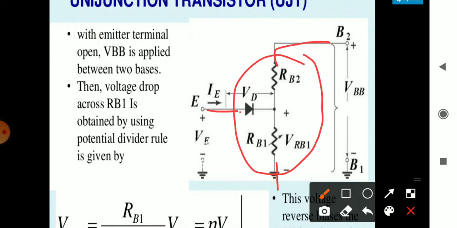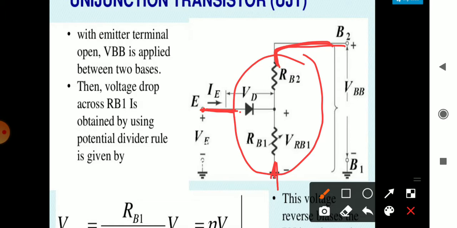The B2 terminal as well as the emitter terminal is always forward biased, at a positive potential. The B2 terminal is always connected to the positive terminal, and the emitter terminal is connected to the positive of the supply, and the B1 terminal is always connected to ground as a reference.